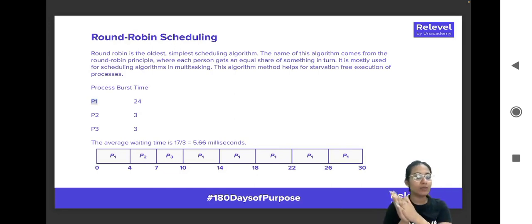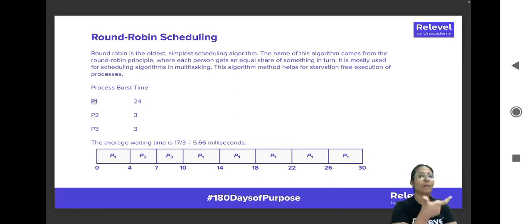In round robin scheduling, every process gets a quantum of time, and it keeps on getting that quantum of time in rotation. Okay, and whenever a process is completed, it basically goes out of that. Some of the disadvantages of round robin scheduling is that the higher the value of quantum, the higher the response time will be, because you're giving a big chunk of resources.